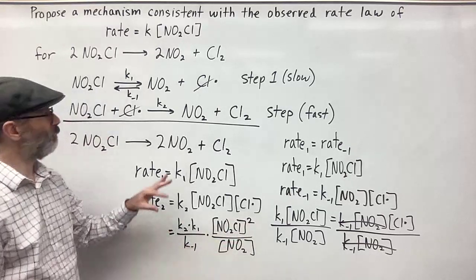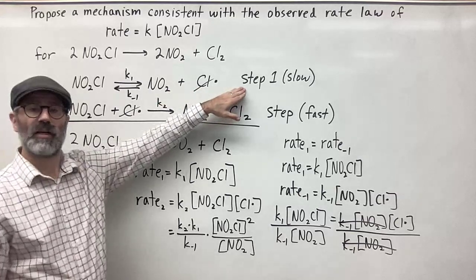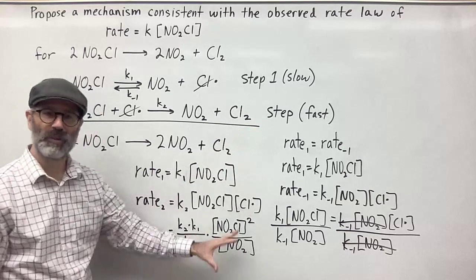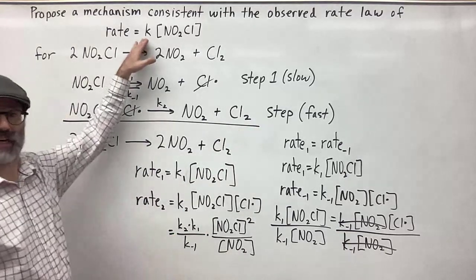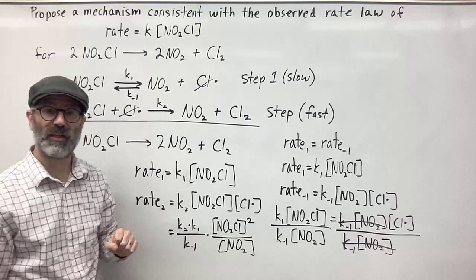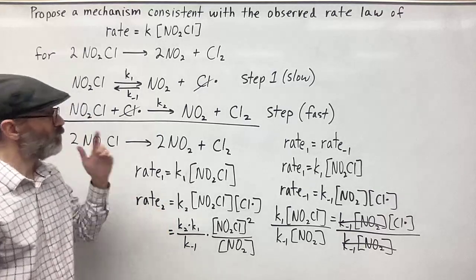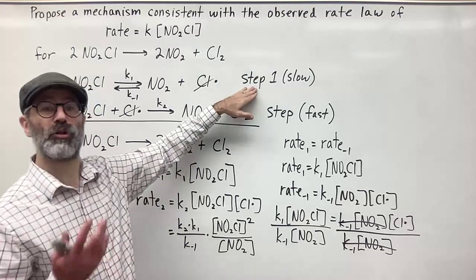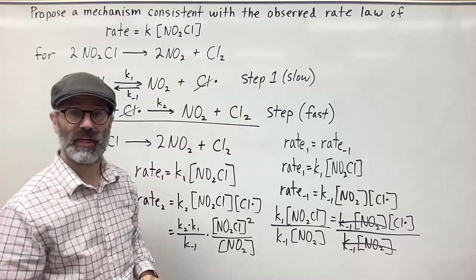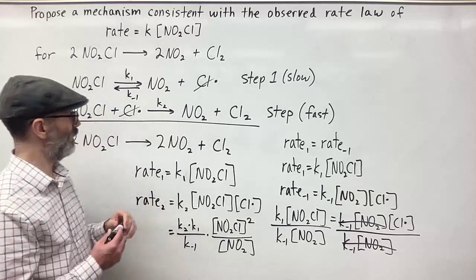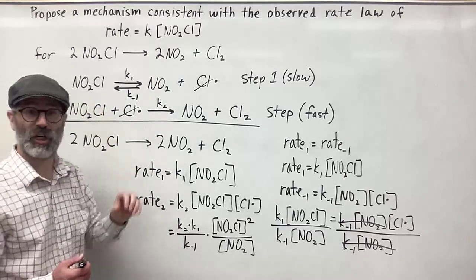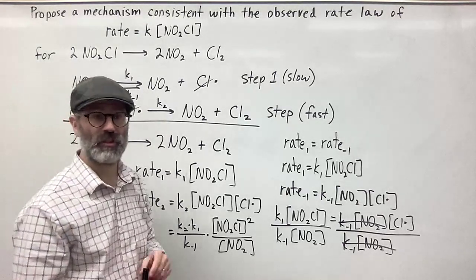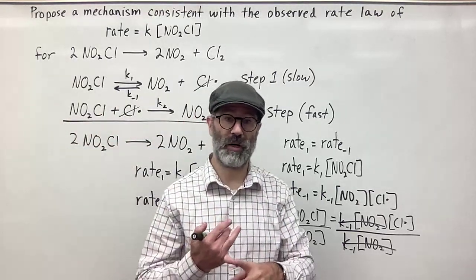So if we said that this was the fast step and this was the slow step, then we're getting something that's quite complicated and not really looking like the rate law they actually gave us. But we saw that if the first step is the slow step, then we do get the rate law that they gave us.